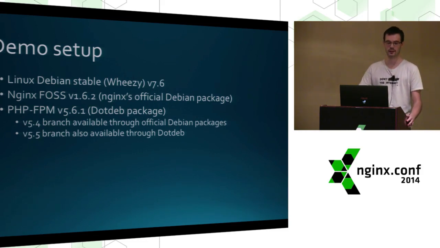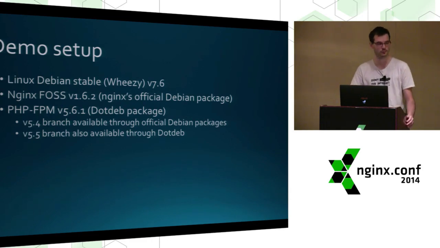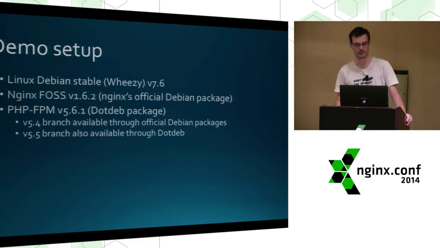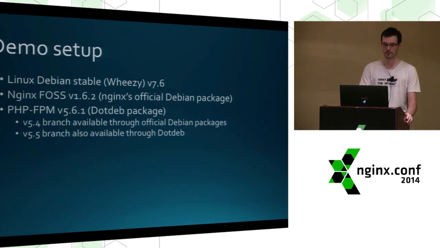I will be using Nginx FOSS, for free open source software, latest version available, unless they released a new one since 1 week. PHP-FPM, latest branch, latest version available through the package system too, because I like the package system. It allows the system to be easily maintainable and upgraded without the pain of compiling it yourself and stuff like that.